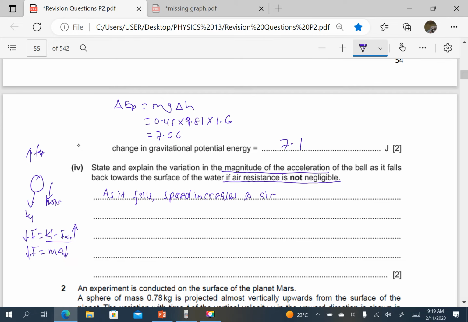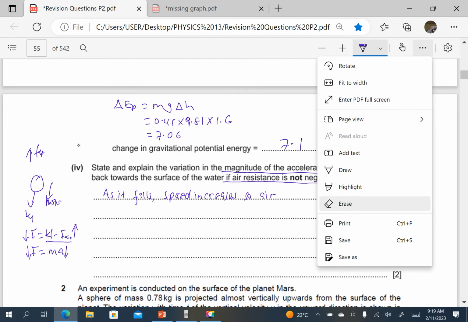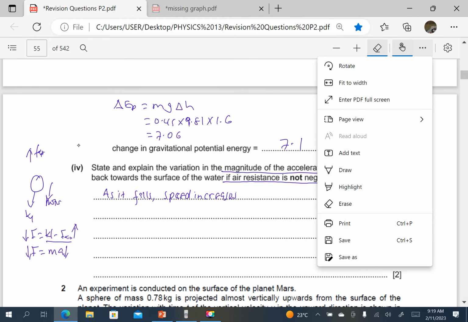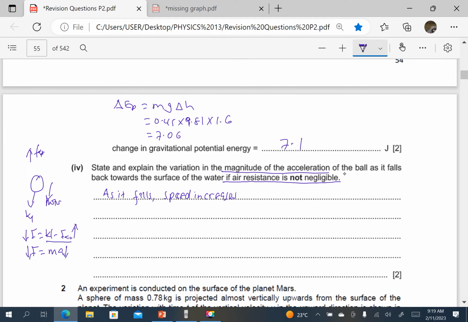Let me just say air resistance increases with the speed.